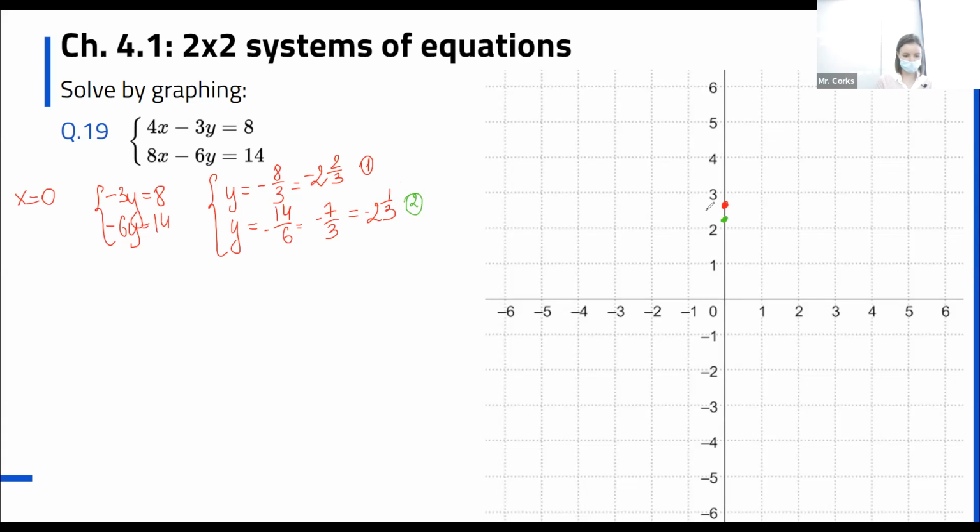Oh, I forgot about the minus. We need to go down. So minus 2 and 2/3 is over here, and minus 2 and 1/3 is over here.